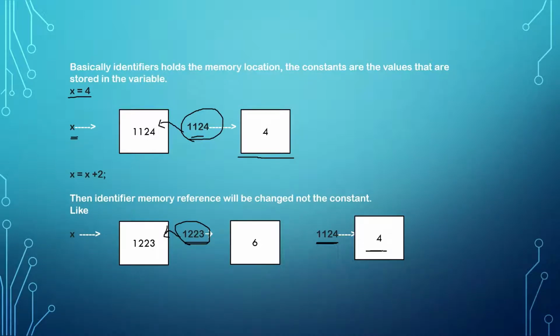The value 4 remains the same till our program completes its execution. Only the variable which refers to the value has changed its memory address. Now you will be clear what this constant is, and how the values remain constant during the execution of a program.